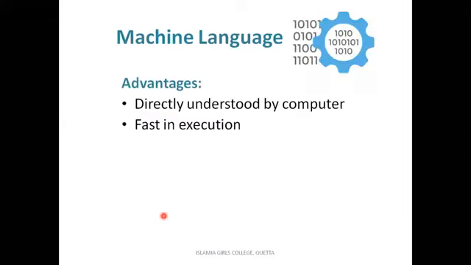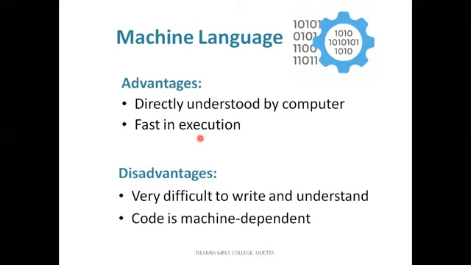So now we will see some advantages of the machine language. The advantage is that it is directly understood by the computer, so we need no translator. Second advantage is that it is very fast in execution. Now the disadvantages are that it is very difficult to write and understand. As you have seen, it is all in ones and zeros, so it is difficult to write and understand.